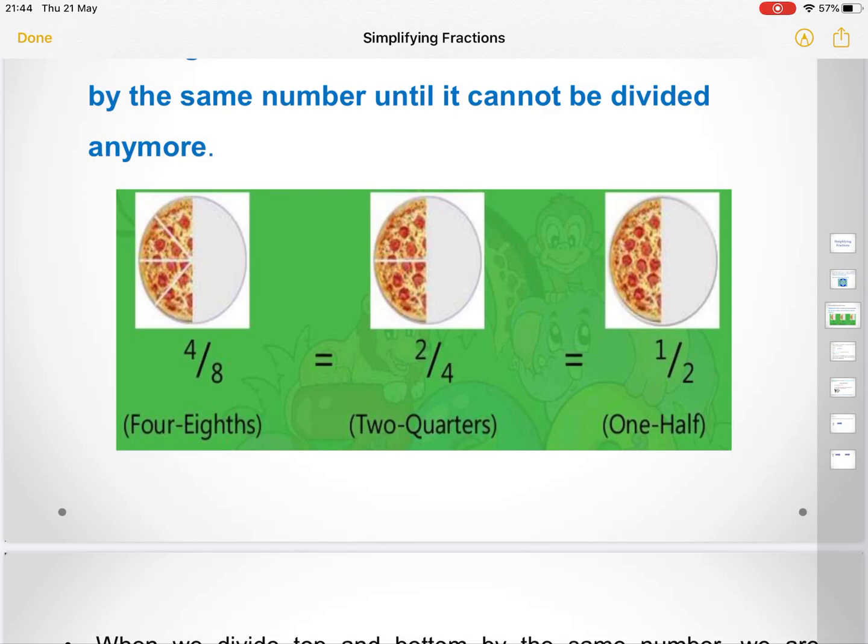In the last case, we have a pizza divided into 2 equal parts. Only 1 part was eaten, so 1/2 was eaten, 1 out of 2.